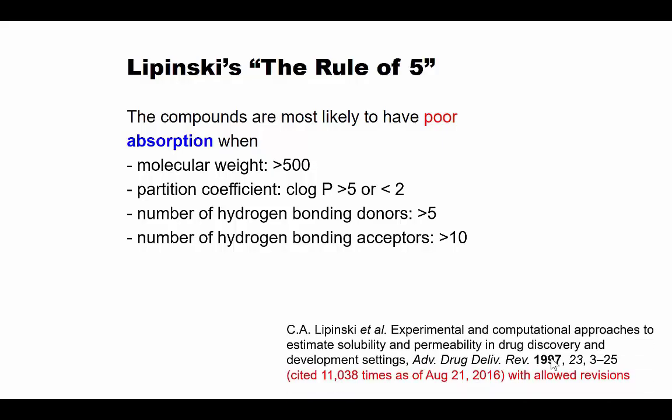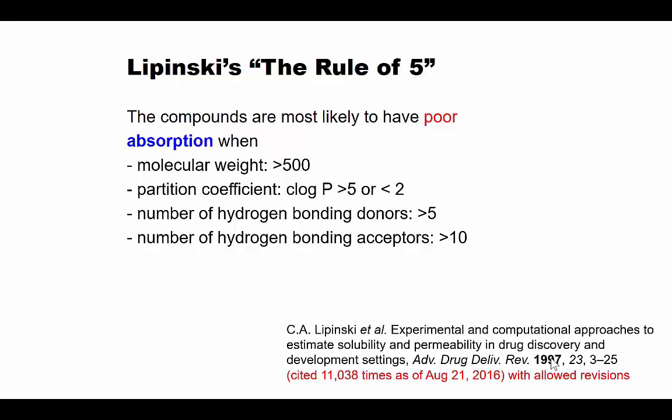And this rule was originally published in 1997 in Advanced Drug Delivery Reviews. This single review paper has been cited more than 10,000 times. If one paper has been cited more than 10,000 times, it may have a quite good chance to get the Nobel Prize. And interestingly, this paper is so popular that it has been allowed to make revisions.